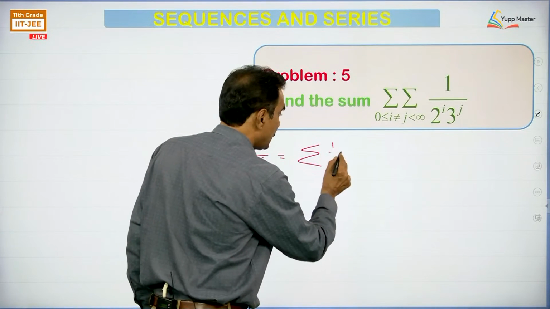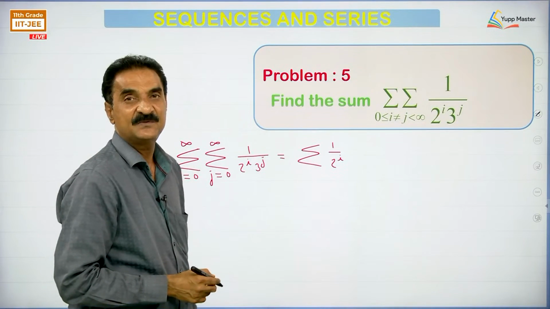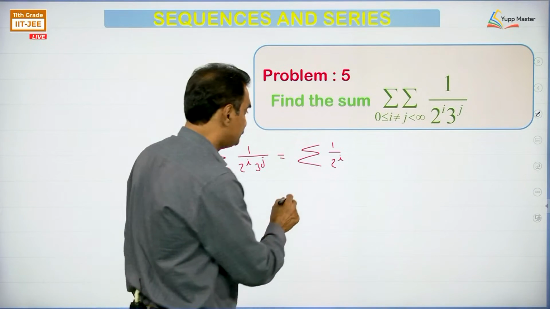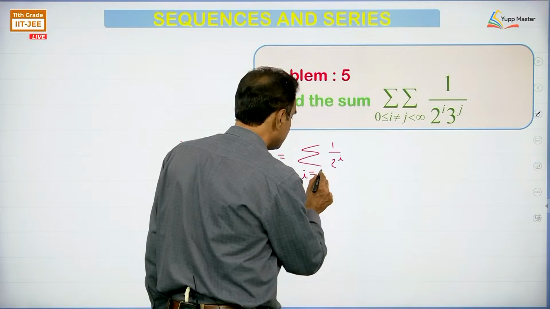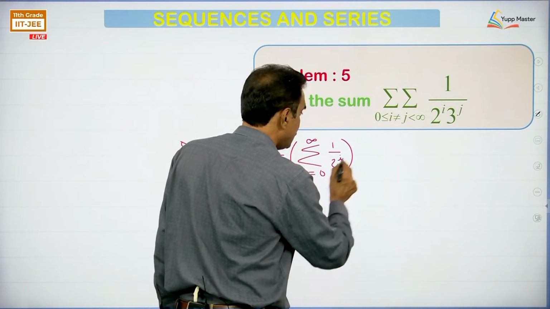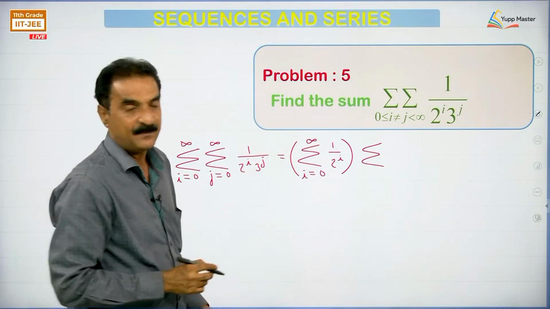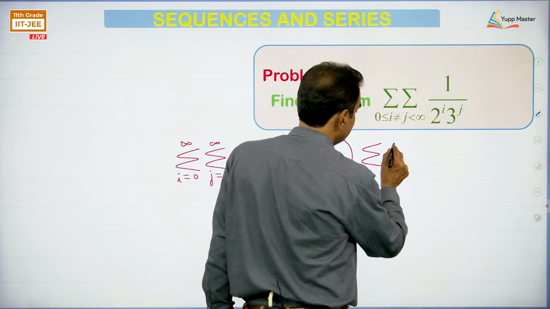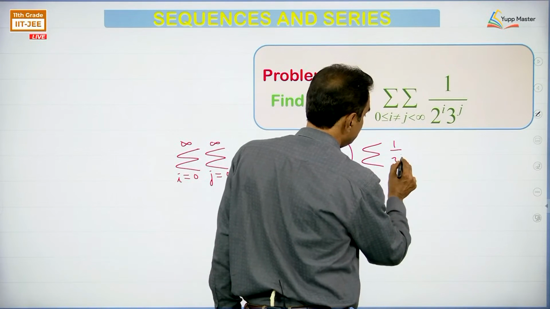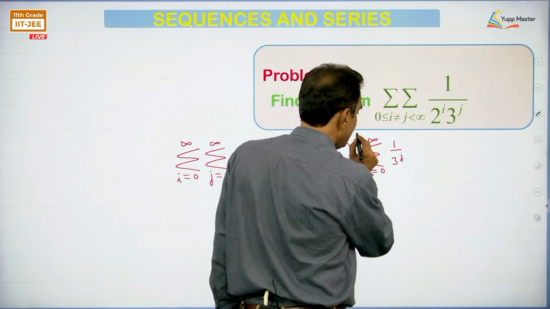Sigma 1 by 2 power i, where i varies from 0 to infinity, into sigma 1 by 3 power j, j varies from 0 to infinity.